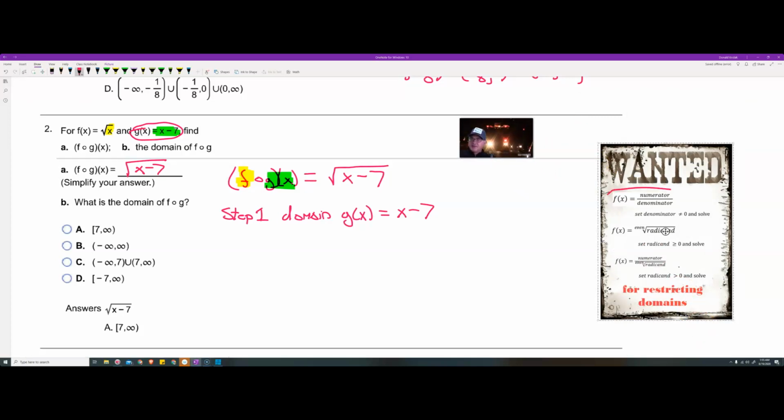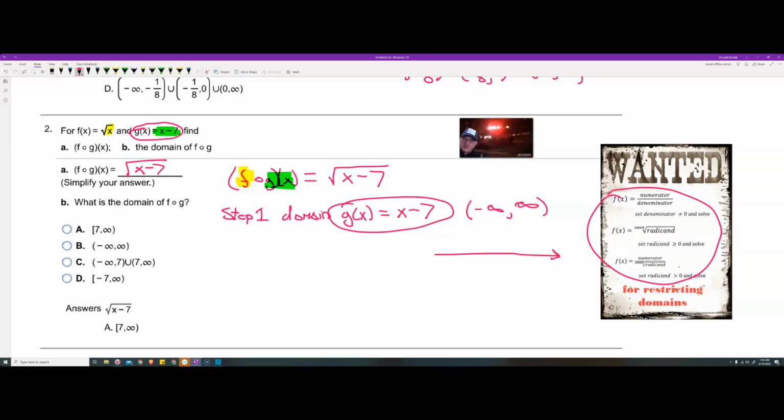None of these fit this equation. So there's no restrictions. The domain of that is from negative infinity to infinity. If I was to graph, what does that look like? That's just an entire number line highlighted. That's the domain of my inner function.